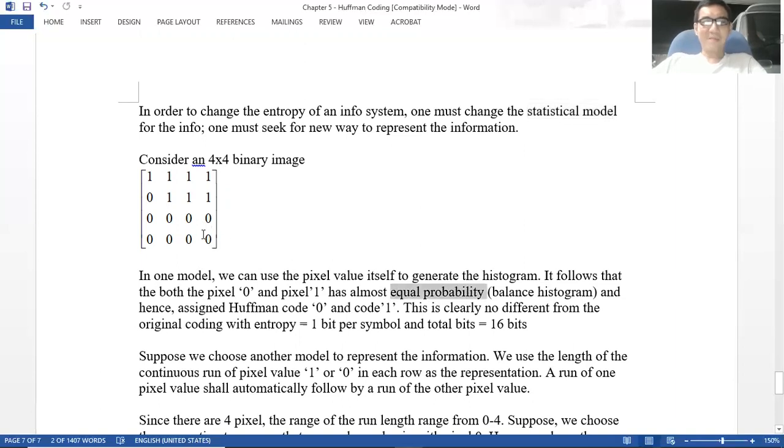The number of pixels for 0 and 1 is almost the same. If you code them with Huffman, you can only have 0 and 1 because there are only 2 levels, so that makes no difference. You still have 16 bits here.